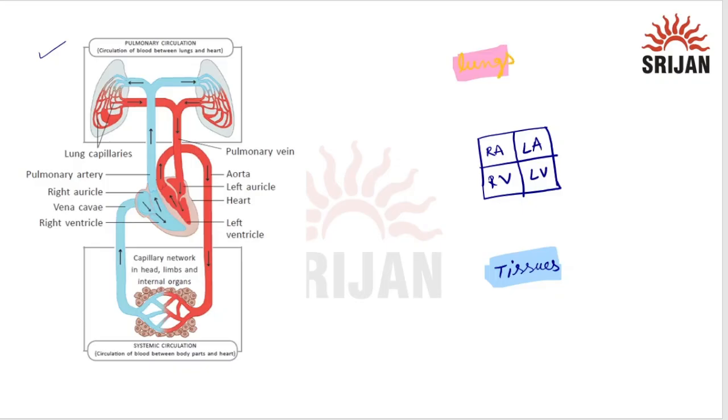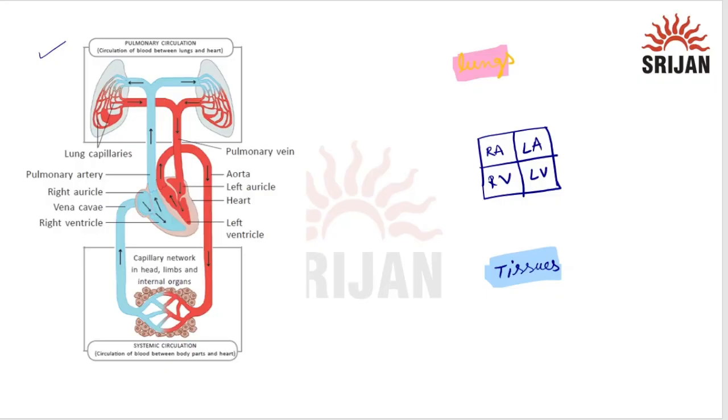So now what will happen? You know, our tissues need oxygen to get energy, to oxidize the complex molecules, to synthesize ATP, and this oxygen is provided to them with the help of blood, right? And this blood is pumped by our heart.